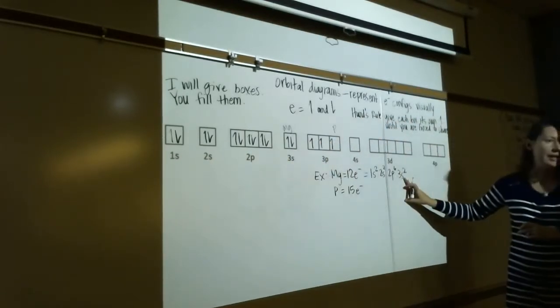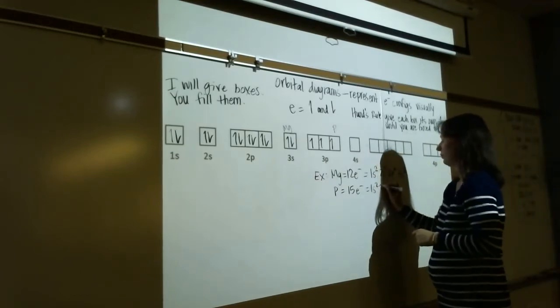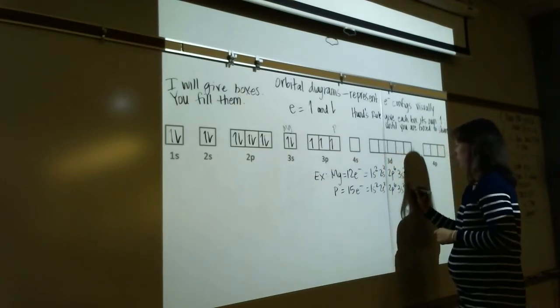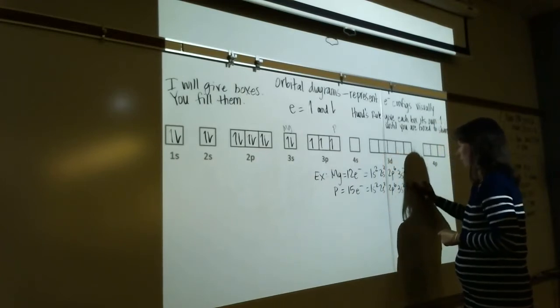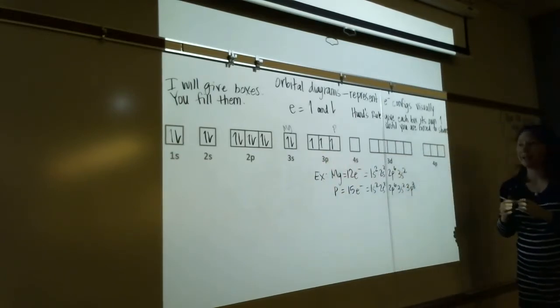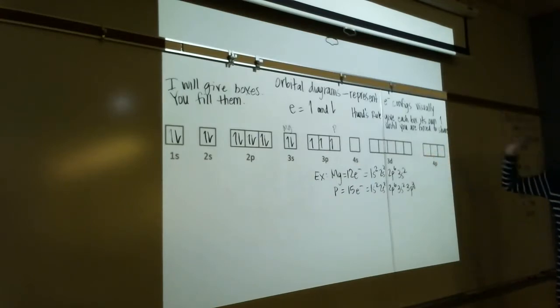It matches it exactly. And then for phosphorus, it would be 1s2, 2s2, 2p6, 3s2, 3p3. Right? 1, 2, 3. So this matches the electron configuration exactly. It's a visual representation of an electron configuration. So I'll give you the boxes. You just need to know how to populate them.